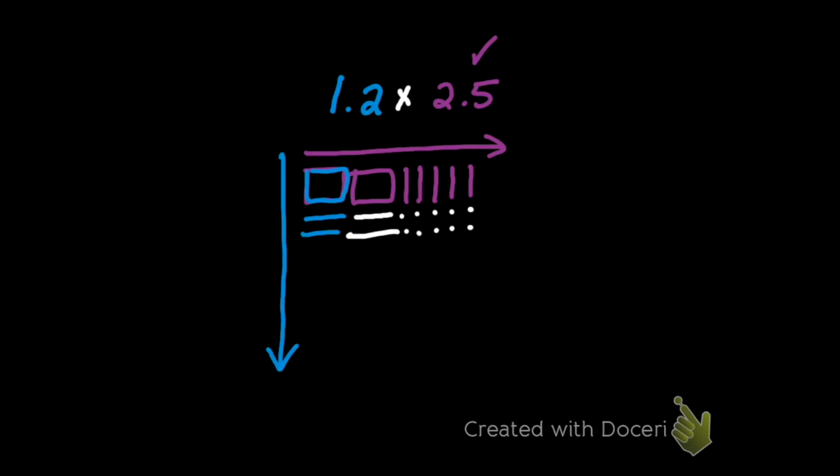So let's use our models to find what the actual solution is. So far I've got 1, 2 ones flat. I've got 1, 2, 3, 4, 5, 6, 7, 8, 9 tenths rods. And 1, 2, 3, 4, 5, 6, 7, 8, 9, 10 units.